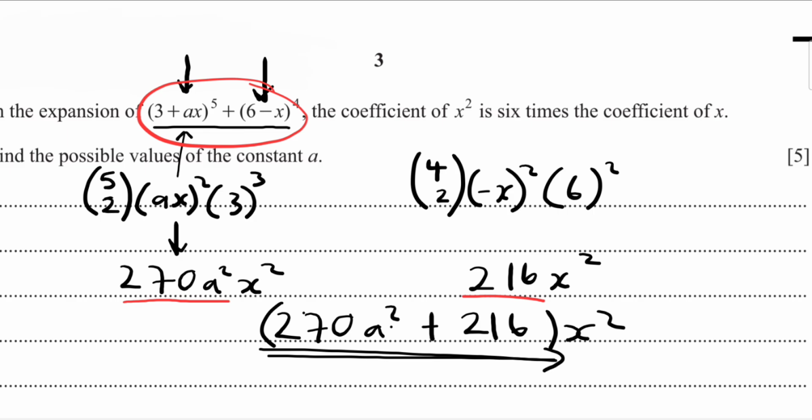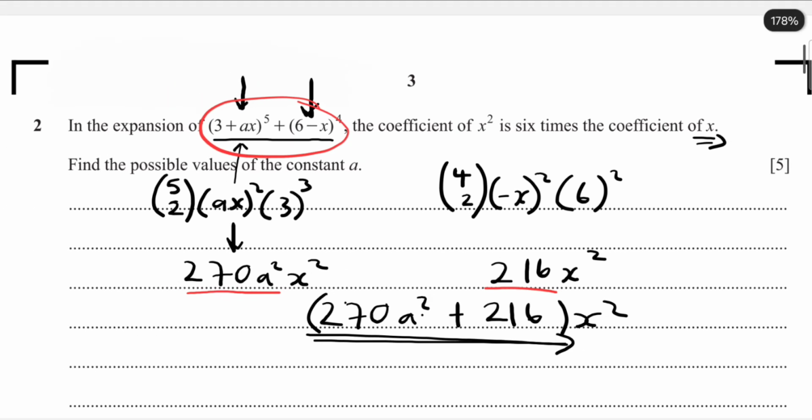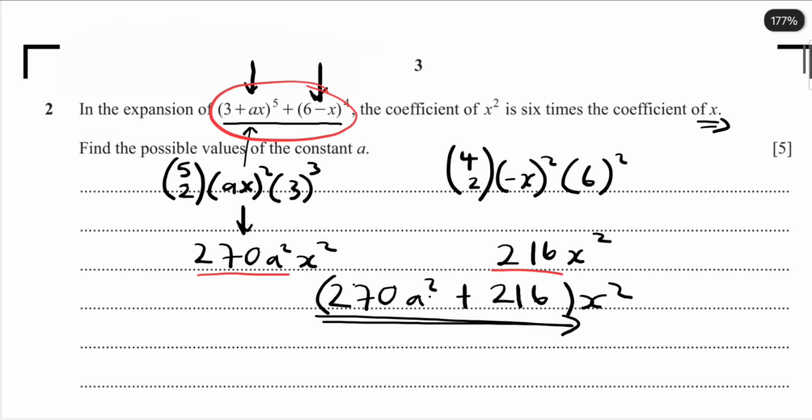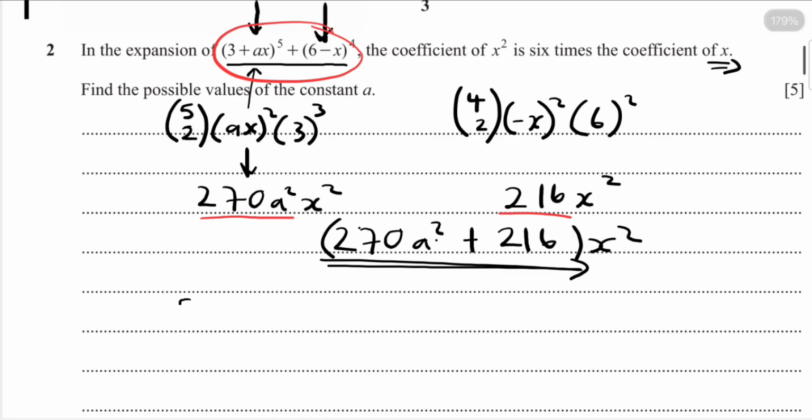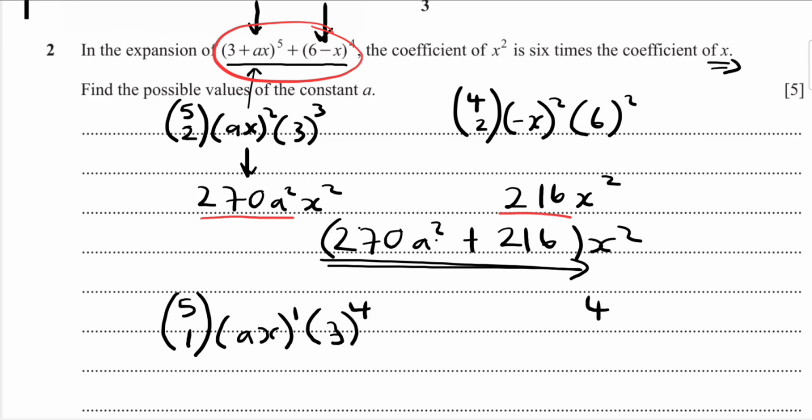And it says the coefficient of x squared is 6 times the coefficient of x. So we're going to do the same thing to find the coefficient of x. For now, we'll be choosing 1. So it will be 5 choose 1, (ax)^1, then 3 to the power 5 minus 1, which is 4. Then for the other expression, 4 choose 1, (−x)^1, then 6 to the power 3.